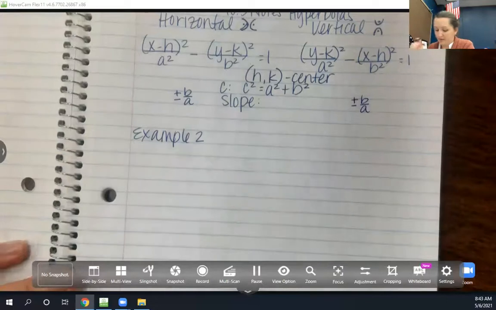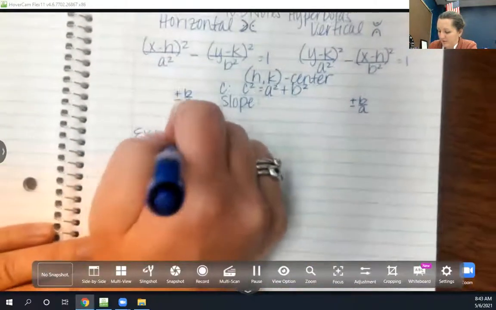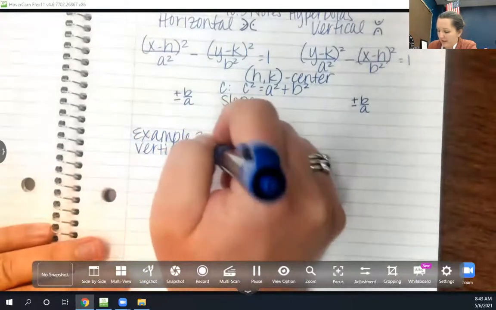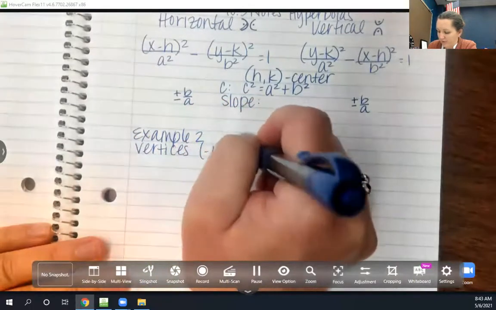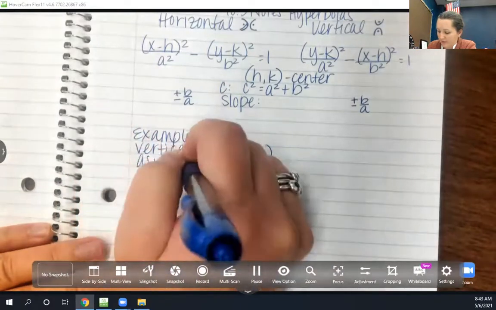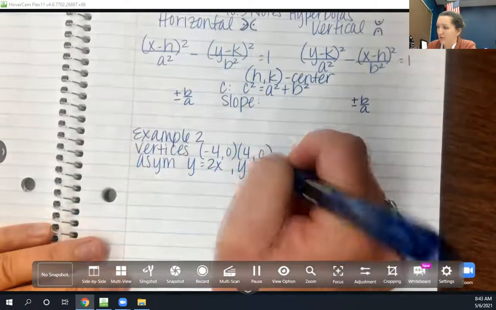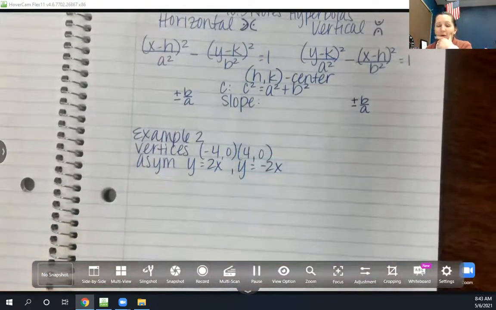All right, let's work through this example 2. It says that our vertices are -4, 0, and 4, 0. And our asymptotes are y equals 2x and y equals -2x. So let's think about what we need.